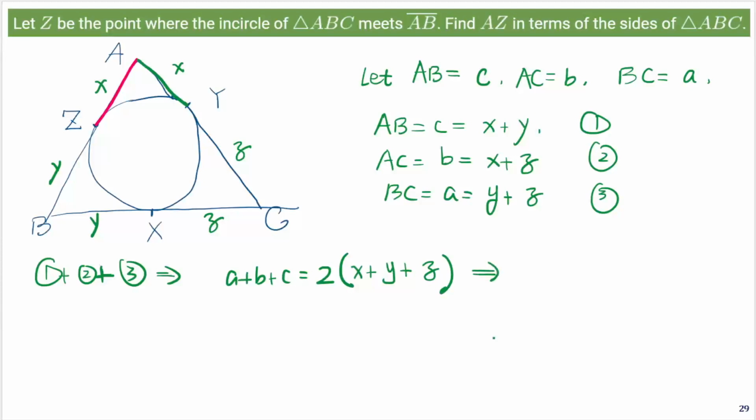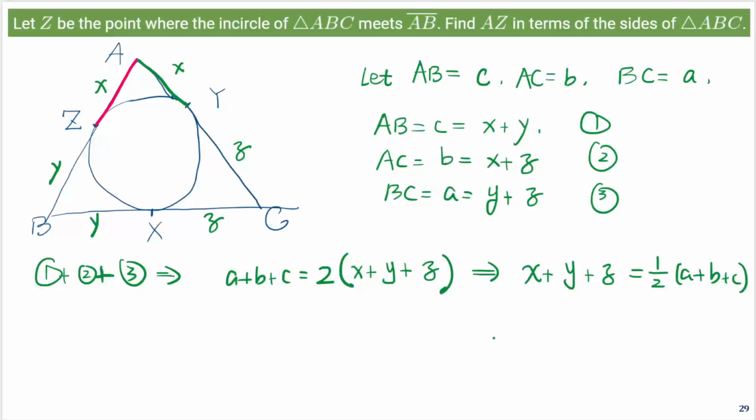And then we have X plus Y plus Z equals a half of A plus B plus C, right? Then because we want to find X, we need to eliminate Y plus Z, right?